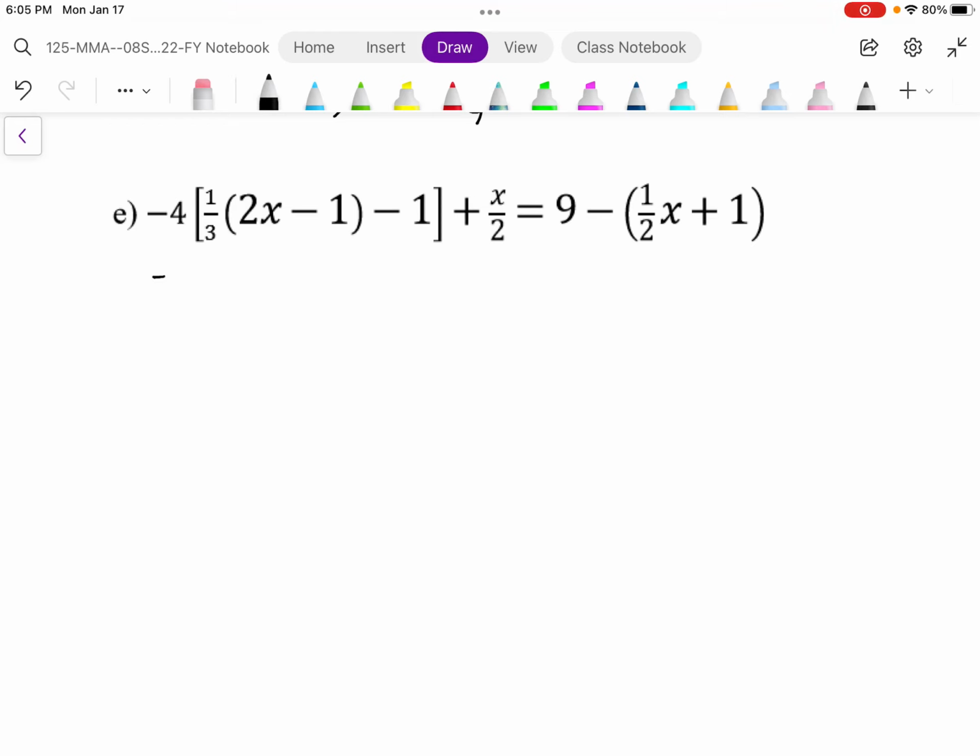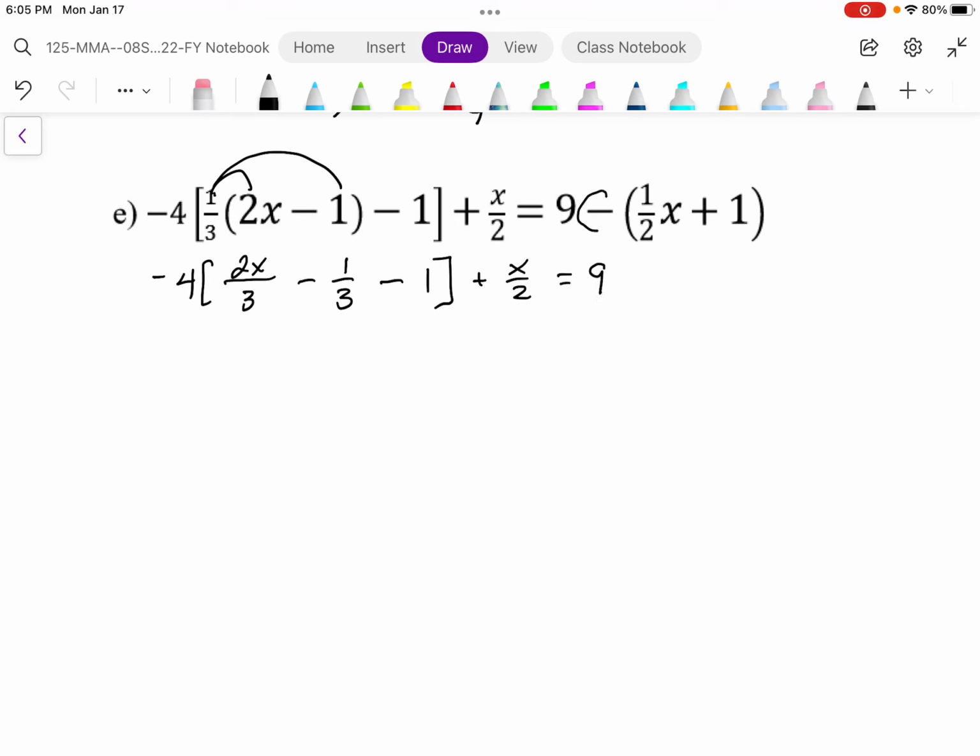So when I get rid of the brackets, I'm going to get rid of the inside brackets. So this times 1 times 2 times x, that all ends up on top as 2x. And on the bottom is divided by 3. So I have all my times on top, my divide on bottom. Here this becomes minus, and then just becomes 1/3 minus 1, plus x over 2 is equal to 9.